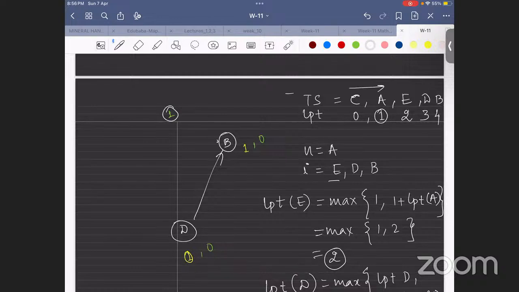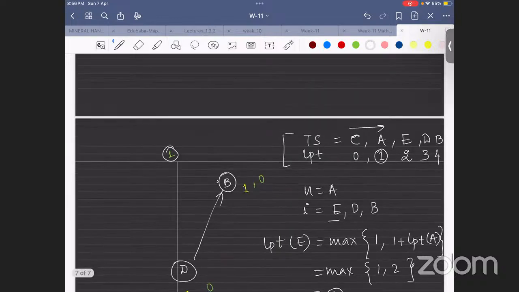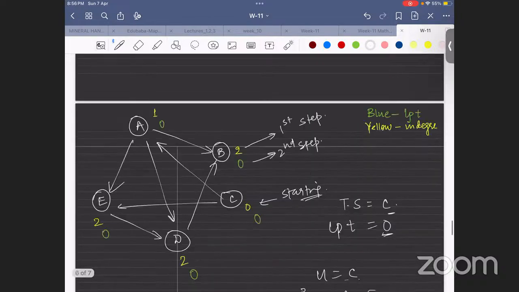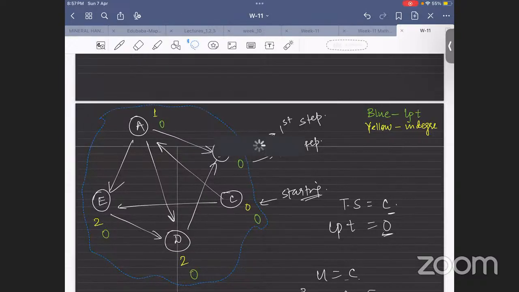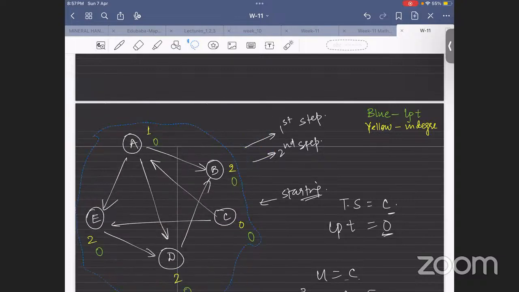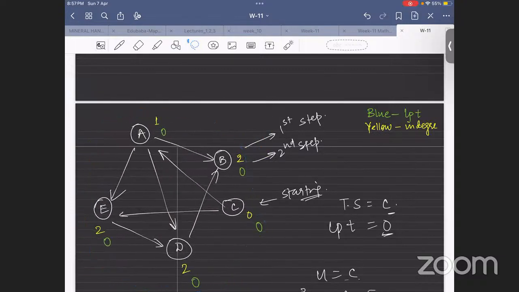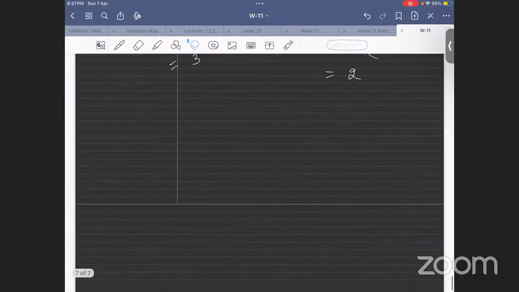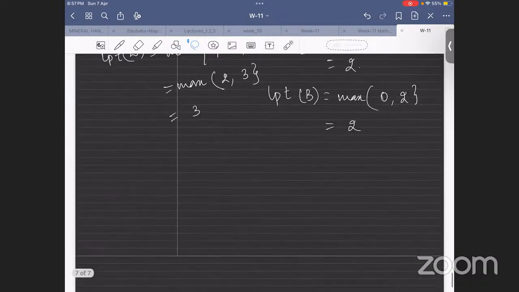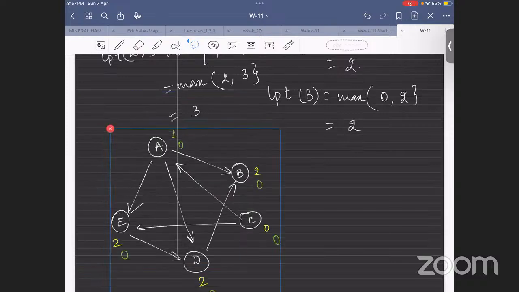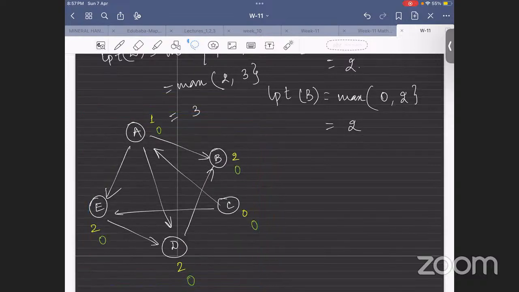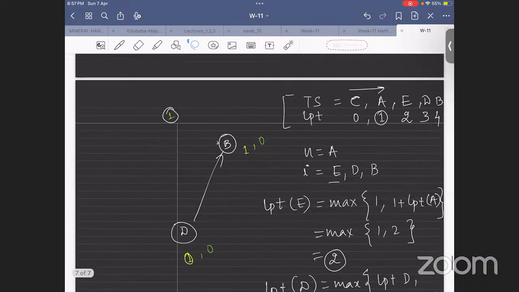So now from the original plot, you can see, if you have to reach from C to A, where is the original? Yeah, so this is the original one. I'll just copy it here. Now our topological sorting is also here.